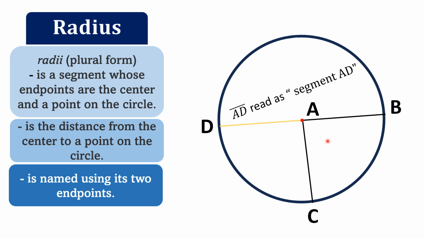The next radius in this figure is segment AB, and the other one is segment AC.